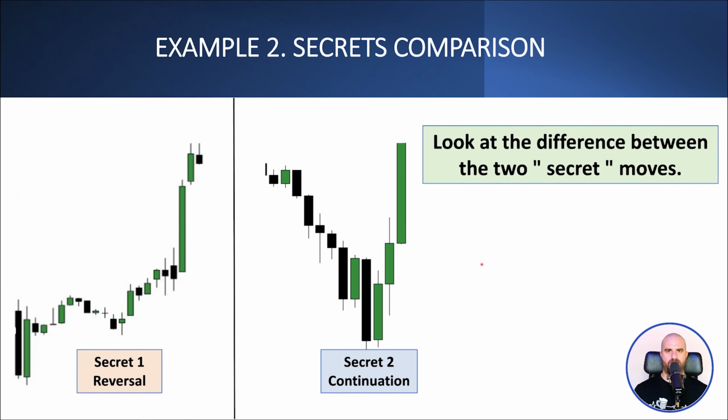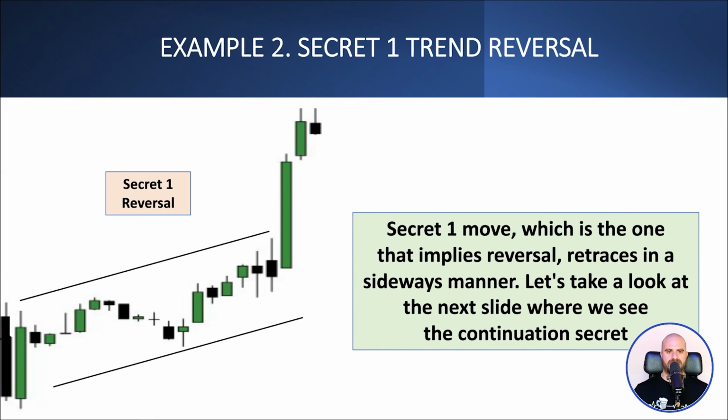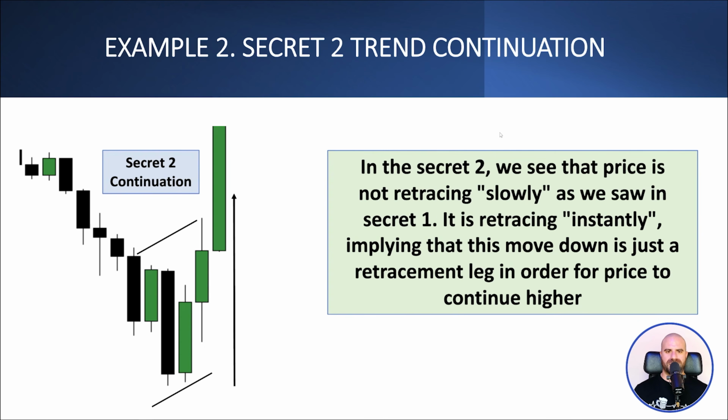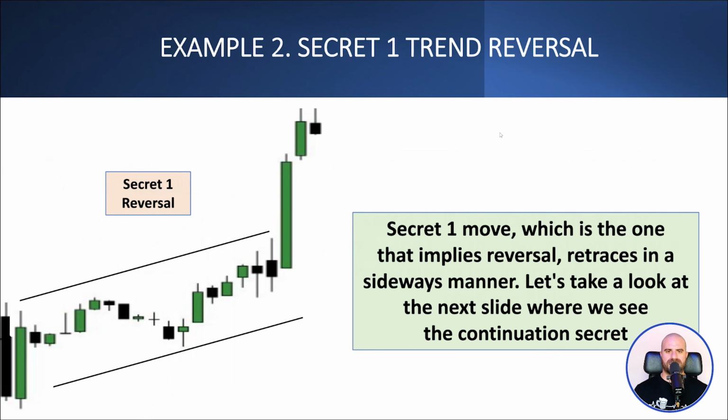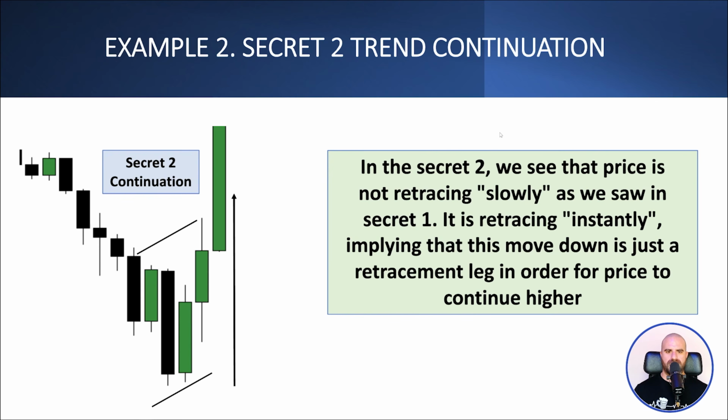Let's look at them one by one now. Secret number 1 again. Look at the retracement. The initial retracement matters a lot, guys. And now look at secret number 2 for the trend continuation. Trend reversal, trend continuation. Look how price doesn't move in a sideways manner. It creates boom, boom, 1, 2 very strong bullish candlesticks, and then it goes.